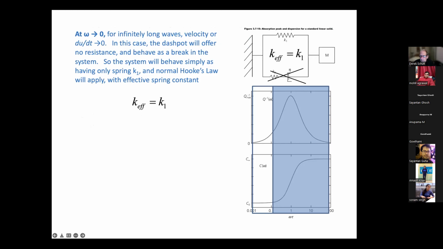So the effective spring constant of the system is just K1. And that produces very low energy loss because the energy loss is based on this dashpot. And it also produces a low velocity because we only have one spring involved.